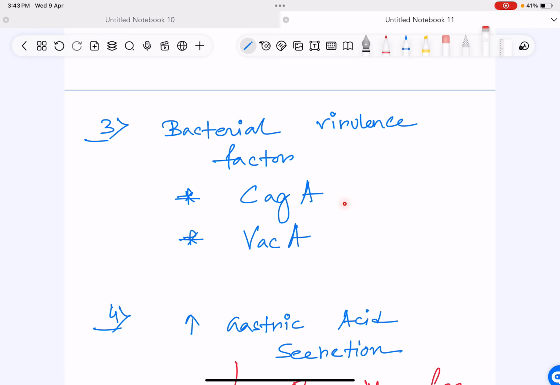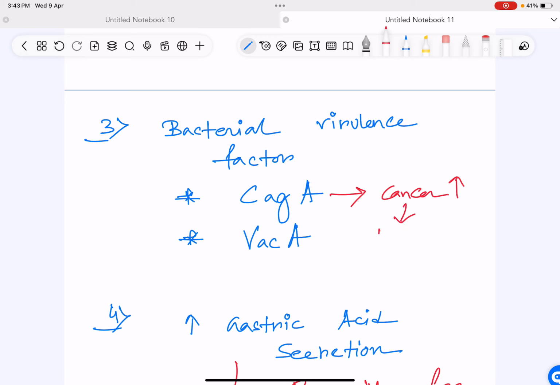If you are asked the full form of CAG-A, it is cytotoxin associated gene, and VAC-A is vacuolating cytotoxin A. Of these two, cytotoxin associated gene is associated with the increased risk of cancer seen with H. pylori, because we know that H. pylori causes two conditions.